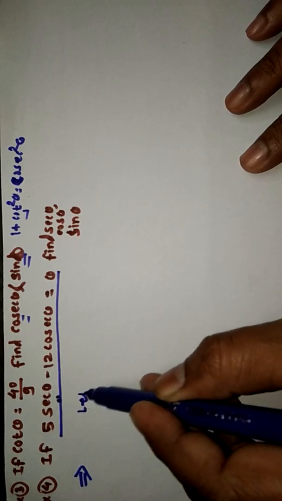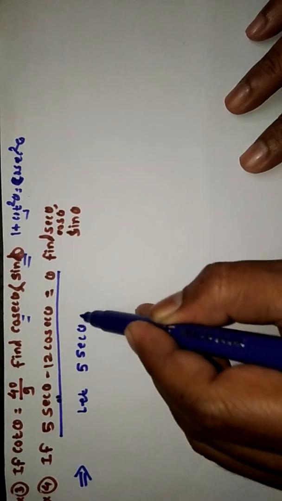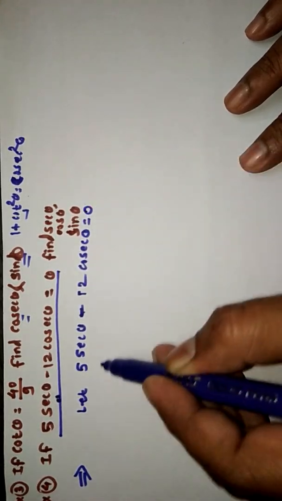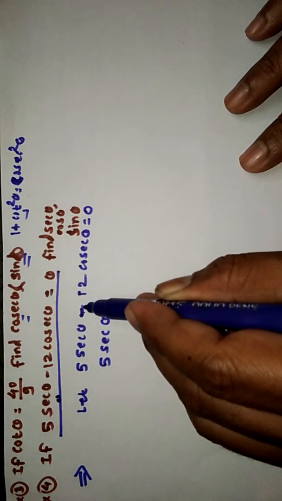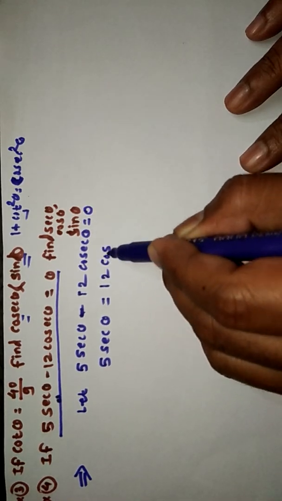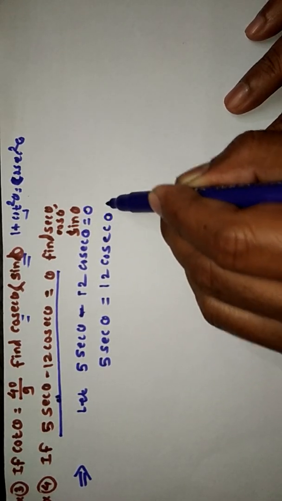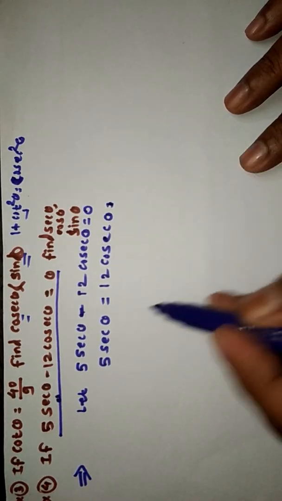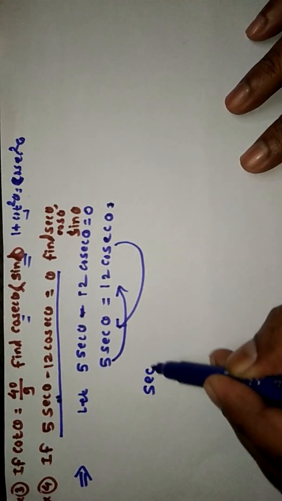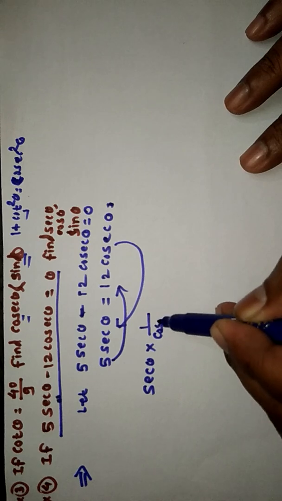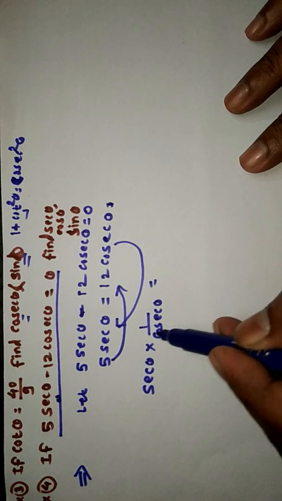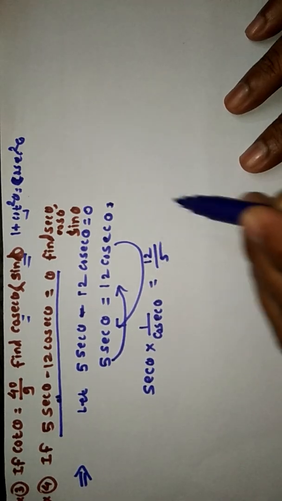Let us take this: 12 cosec theta is equal to 5 sec theta, taking this term to this side we get plus cosec theta. Dividing 5 on this side and cosec theta on this side, sec theta into 1 upon cosec theta is equal to 12 upon 5.